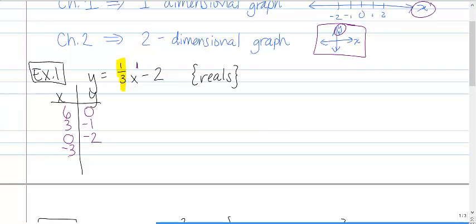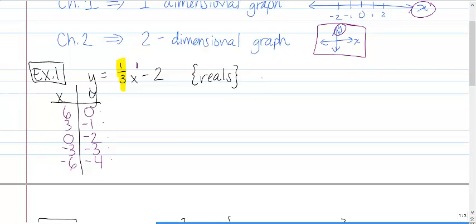If I have a -3, -3 times 1/3 is -1. -1 minus 2 is -3. And let's try -6. -6 times 1/3, or -6 divided by 3, is -2. -2 minus 2 is -4. Okay? If you notice, 0, -1, that's going nice.